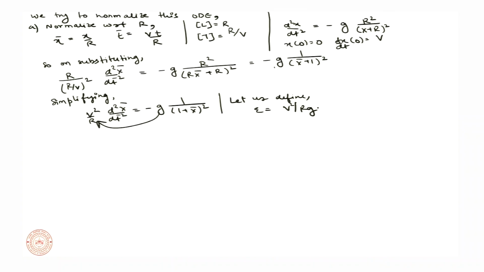Epsilon is a measure of the square of the velocity. It is also called the square of the terminal velocity ratio. In this case the terminal velocity is square root rg. So, you can say that epsilon is a ratio of the launch velocity square to the terminal velocity square.